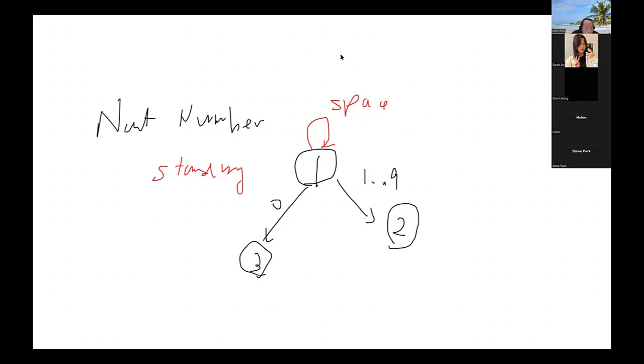If you are in the standby state and you see a 0, it means your program will stop and you will have a syntax error, because 0 is not allowed as the leading digit in a natural number. So if you see a 0 in the standby state, you go to state 3 and it is an error.